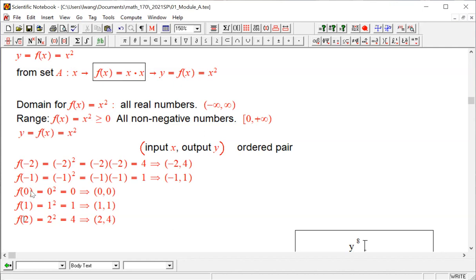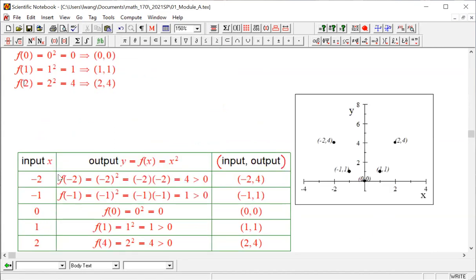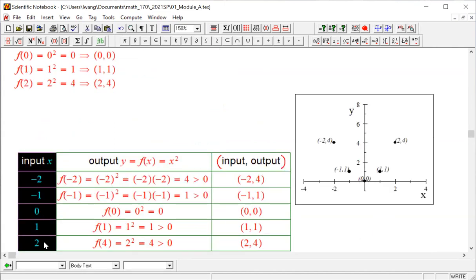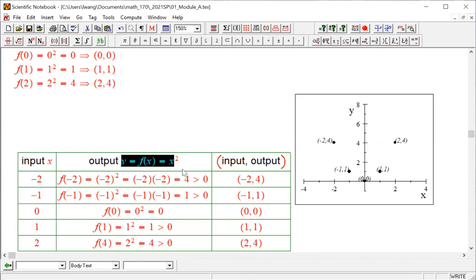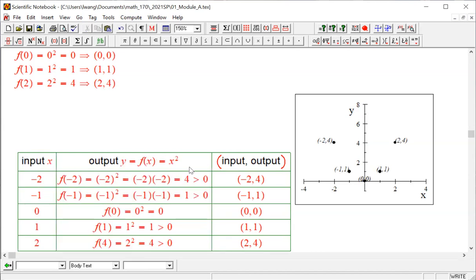We chose 5 points here. If we put them in a table form, you put all the inputs together, all the outputs following the rule, which is commonly done by textbooks. Input x, output f of x, which is x squared here.